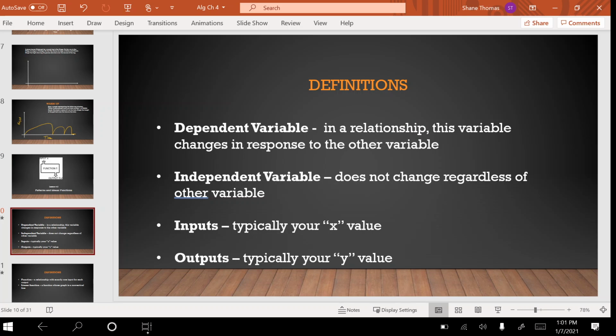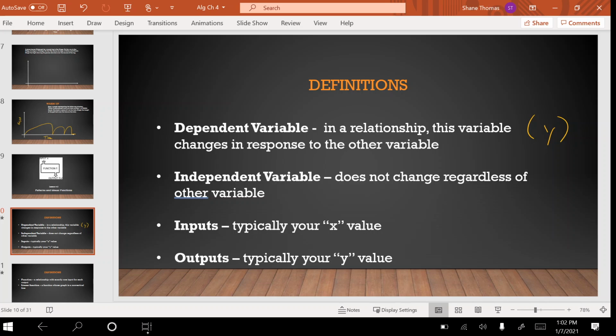First off, we have a couple words. We have a dependent variable. It's in a relationship. This variable changes in response to the other variable. So you're going to have 2 variables now. You have y and x most times. Dependent variable, it changes in response to the other variable. This is typically your y value.